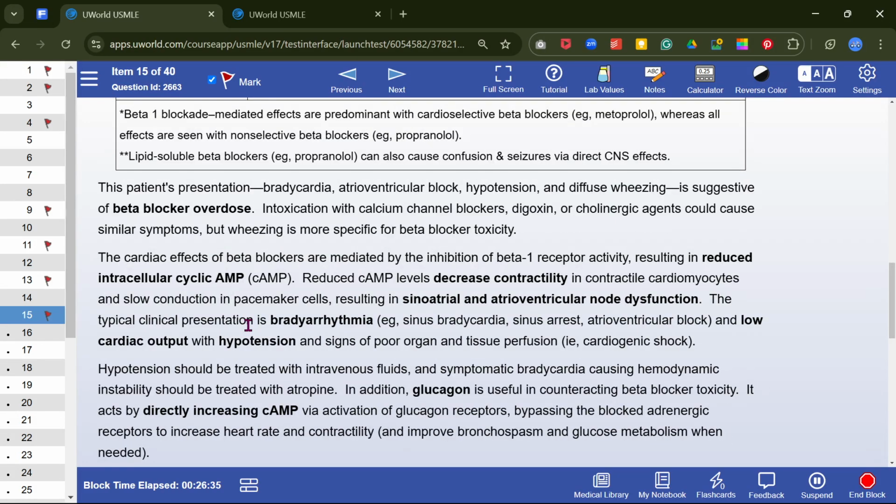This patient's presentation: bradycardia, AV block, hypotension, diffuse wheezing is suggestive of beta blocker toxicity. Intoxication with calcium channel blocker, digoxin, and cholinergic agent can cause similar symptoms, but wheezing is more specific for beta blocker toxicity.